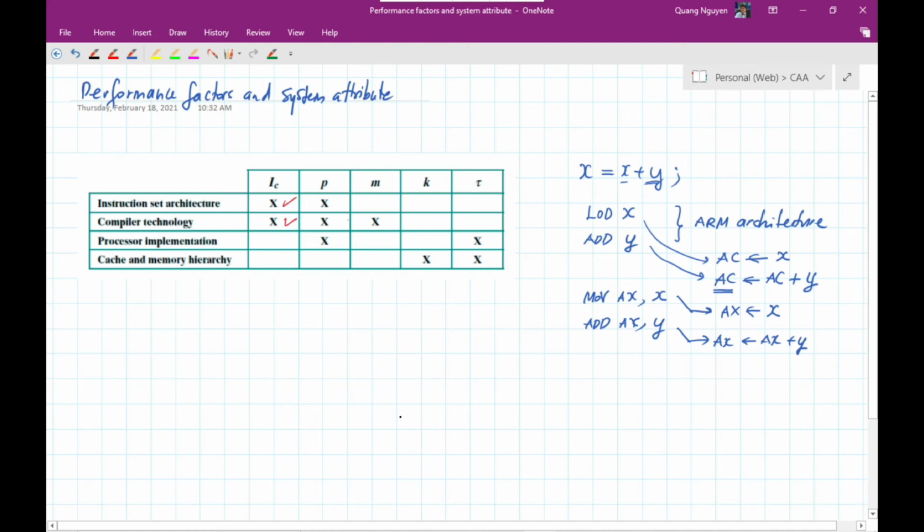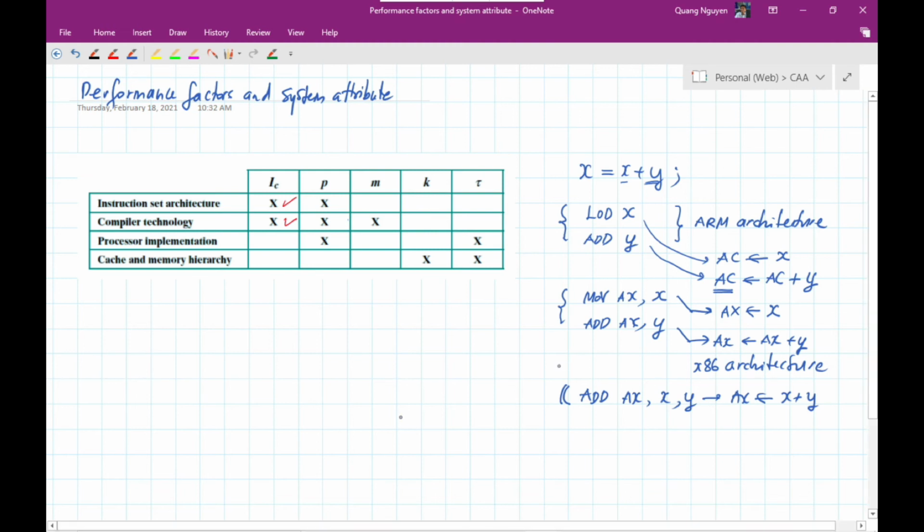So essentially, those instructions are the same, but they are written in different ways because the previous one is written in ARM architecture and the next one is written in x86 architecture. But there are CPUs where, if you want to add these values, you can write it like this: add AX, X, Y. That means AX equals X plus Y. This is another architecture.